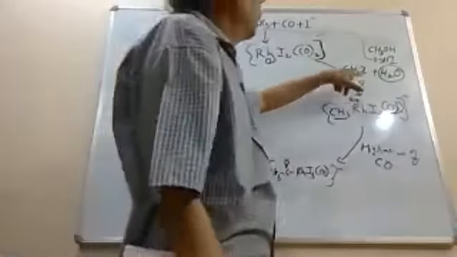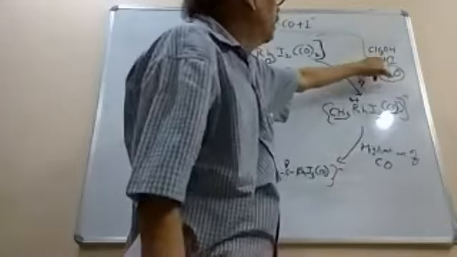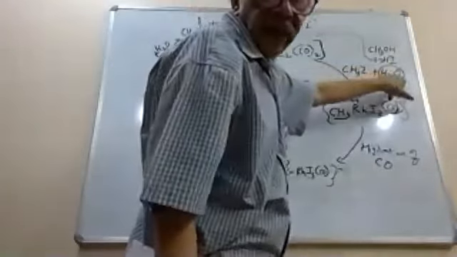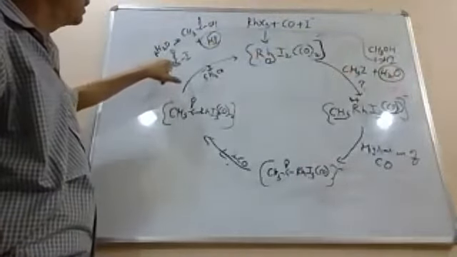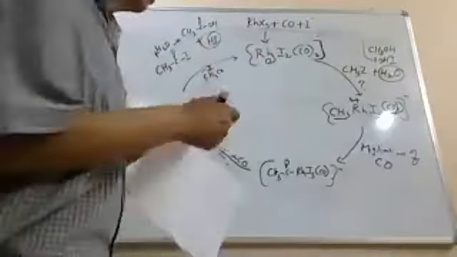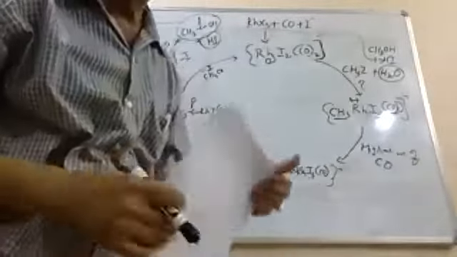Similarly, remember we had methyl iodide plus methanol plus HI here. So once the process is done, we get our water back. Whatever the water is used here, this is being used to convert the acetyl iodide to acetic acid and the HI. So after the reaction, the acetic acid is removed.